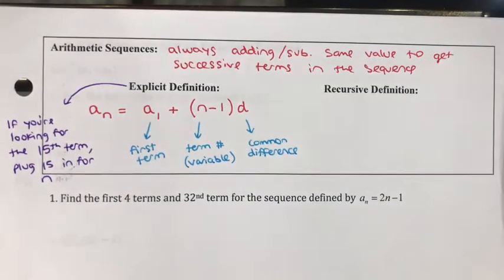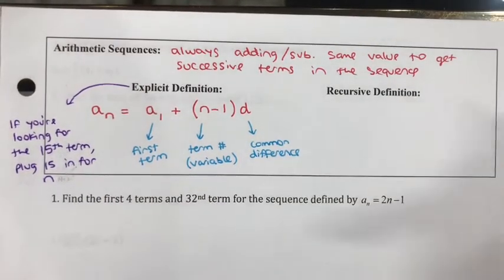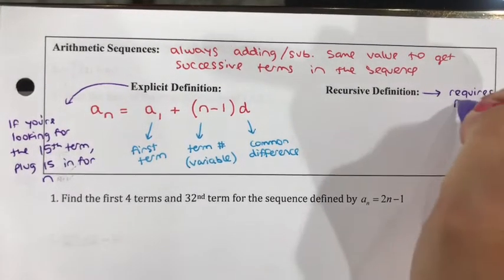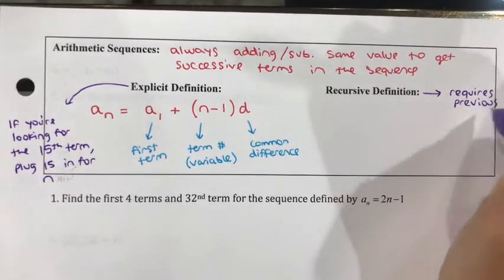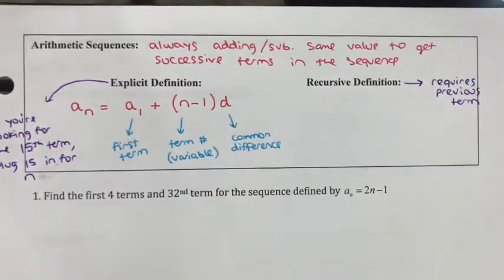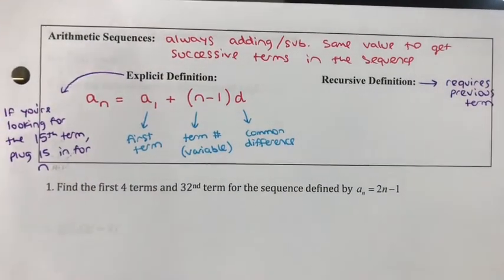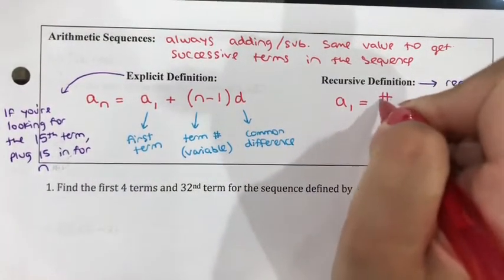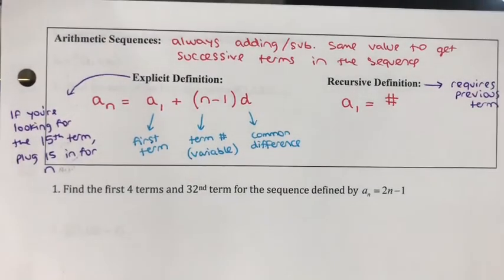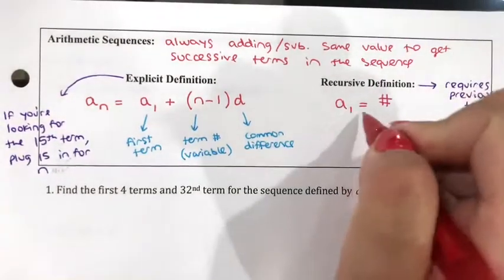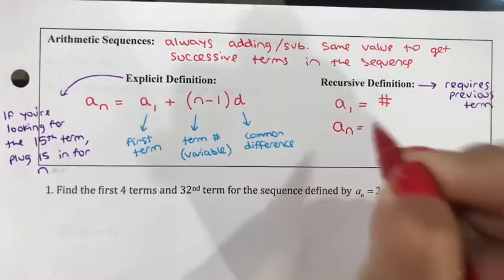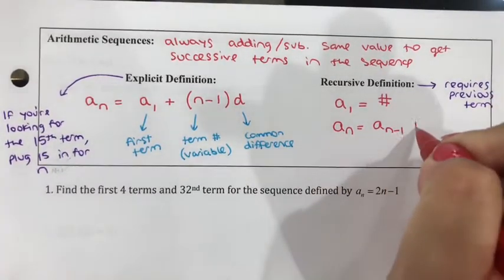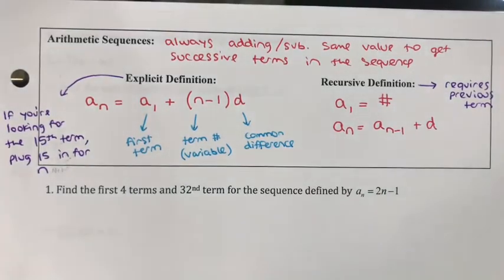Now recursive requires the previous term. So if you, for example, are given the first term, where you know it's some value, whatever that is, the recursive formula, a sub n, is the previous term plus the common difference.